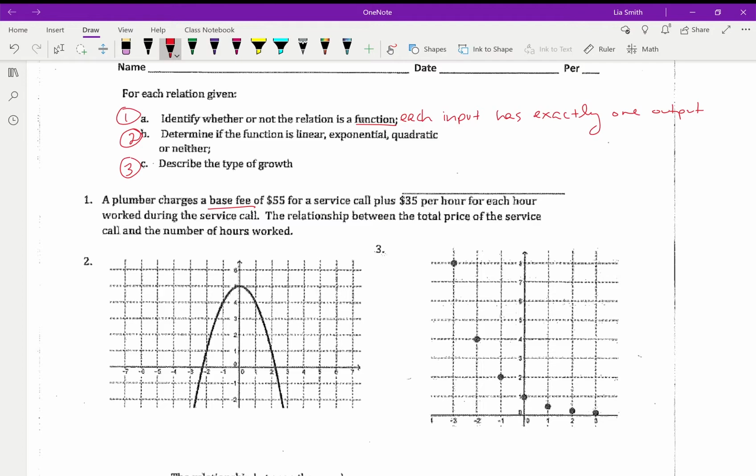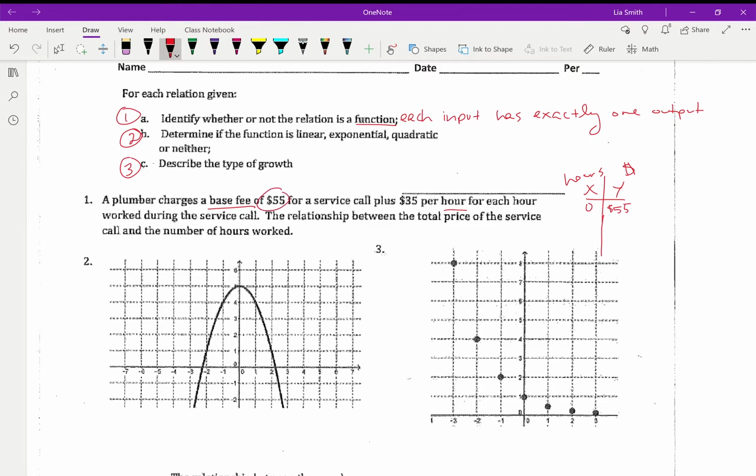So if you're like me and you kind of have a hard time thinking about that, my best advice would be to create yourself a little table where X in this problem would be hours and Y would be money. So think about it. The plumber has not shown up to your house yet, but you've called them and you've made an appointment. So before they even show up, this appointment is costing you $55.